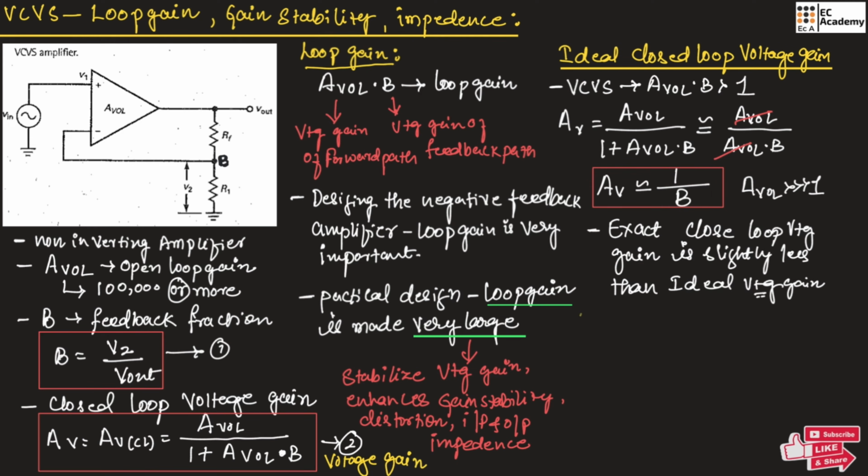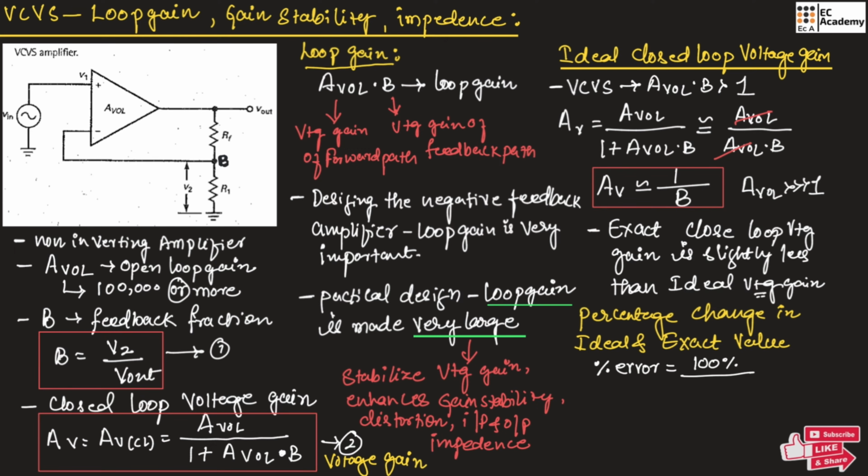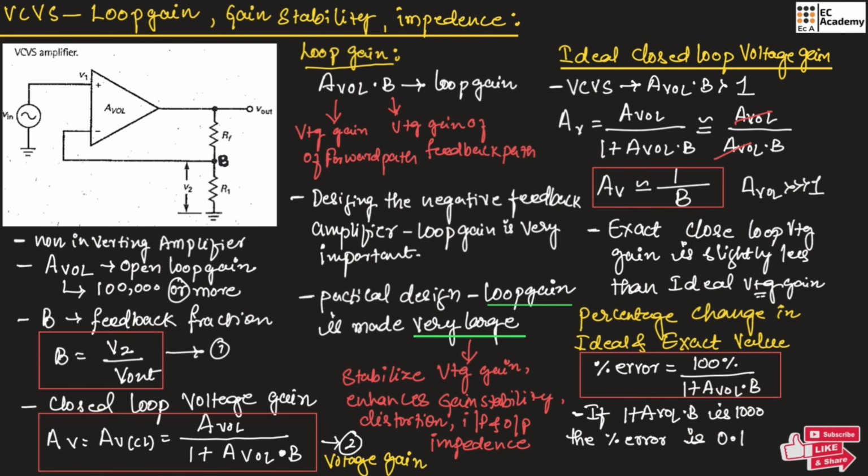We can calculate the percentage change between the ideal and exact value of loop gain by considering the formula percentage error is equal to 100% divided by 1 plus AVOL into B. If 1 plus AVOL into B is 1000, then the percentage error is 0.1%, which means the exact value is 0.1% less than the ideal value.